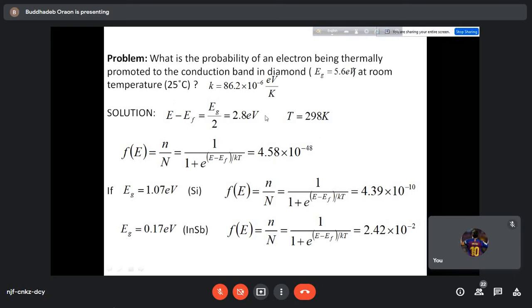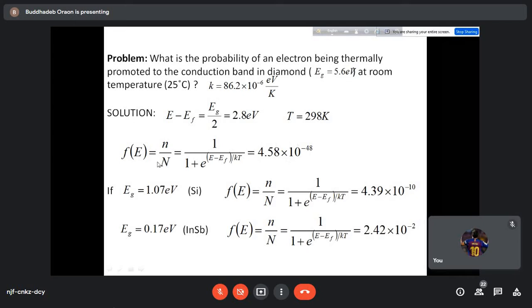If we put these values in this equation, we get 4.58 into 10 to the power minus 48. Now what is the significance of this value? It is a very, very small value because of 10 to the power minus 48.